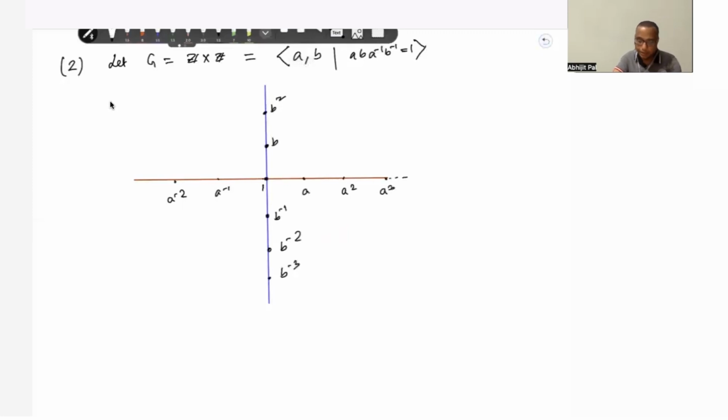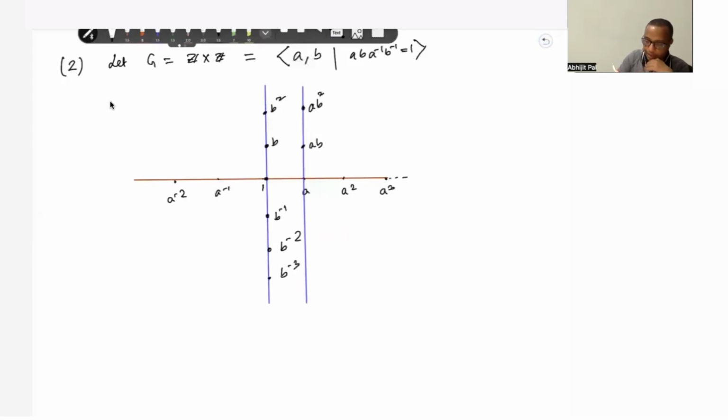Again, between this AB and A, there will be an edge. So in fact, from this A, you'll get a vertical line, and you'll get this vertex here. This is my AB. And then you have this AB square.